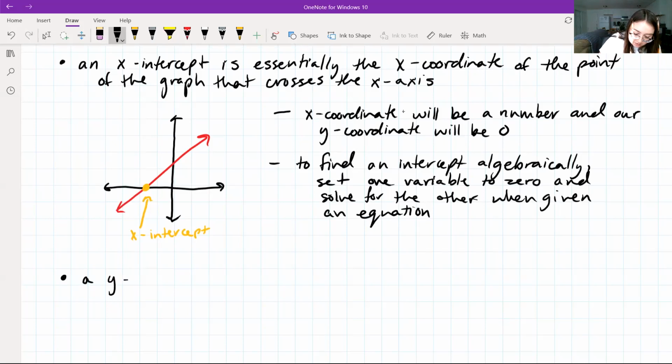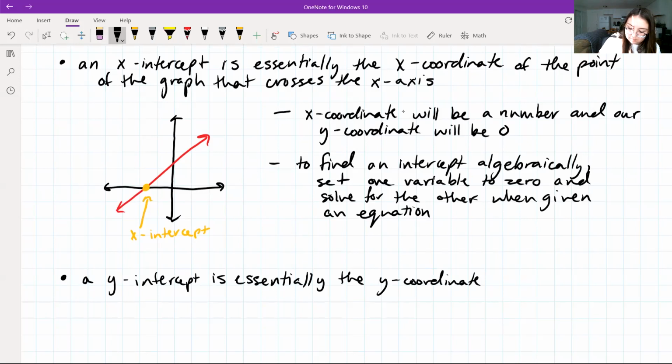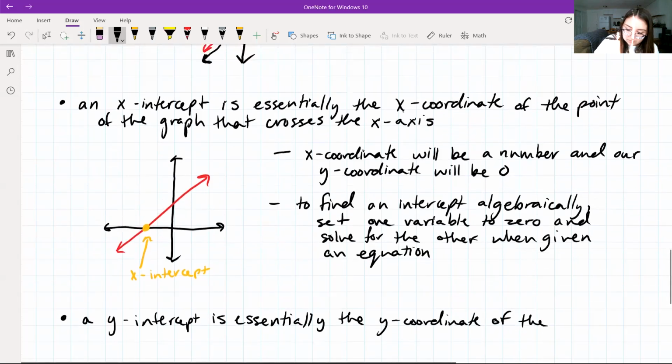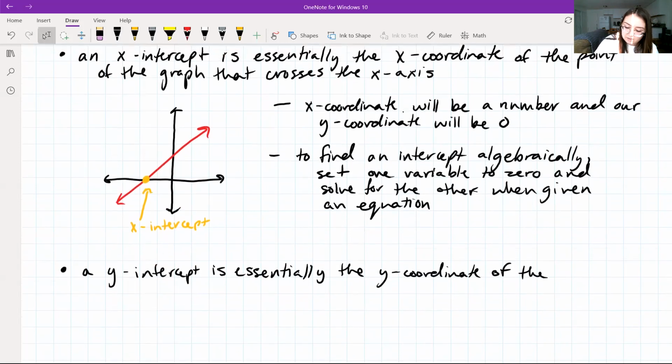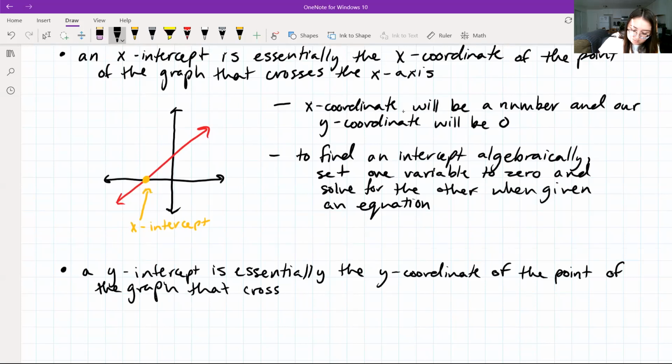A y-intercept is essentially the y-coordinate of the point of the graph that crosses the y-axis.